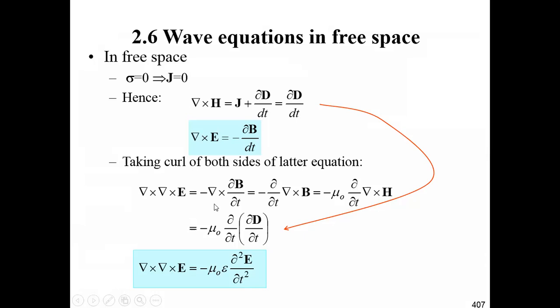So that is what has been used here. Del cross del cross E is equal to, first we have taken the curl on both sides, so the minus is there, minus del cross del B by del t. Till here it is clear.